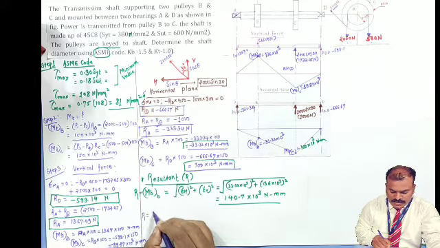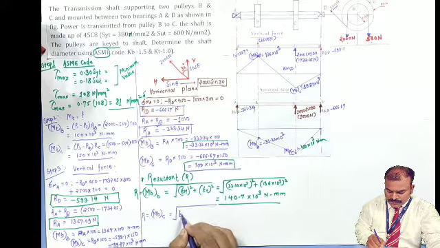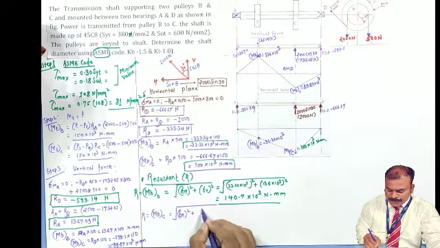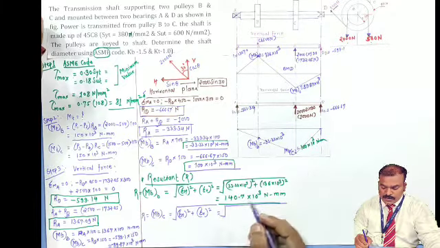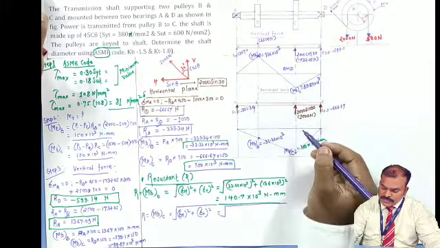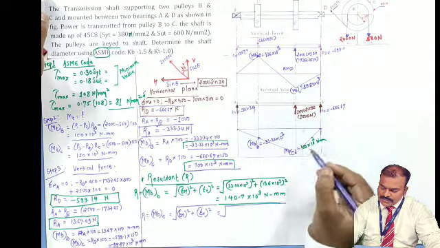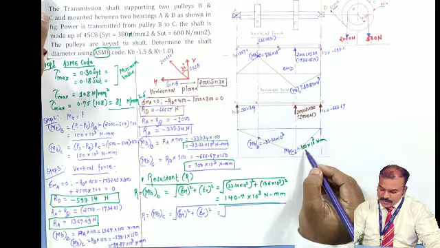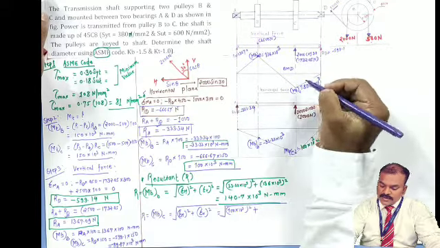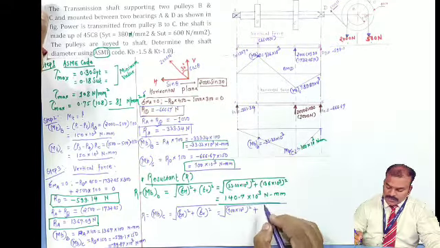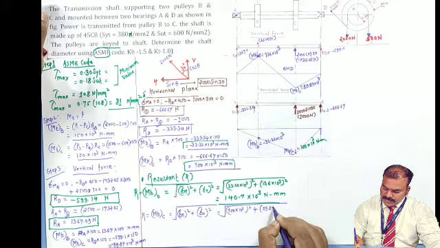Now the resultant bending moment at pulley C we need to calculate the same way, the square root of summation of horizontal force square plus vertical force square. Horizontal is (100 into 10 raised to 3) squared plus for the vertical case (89.87 into 10 raised to 3) squared.